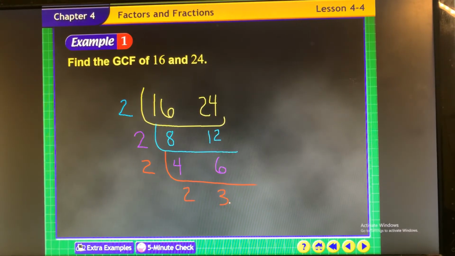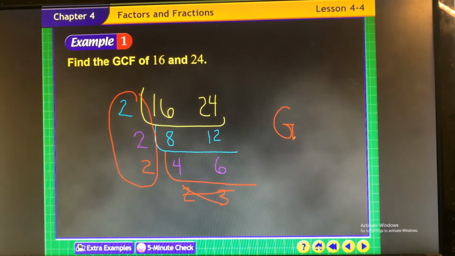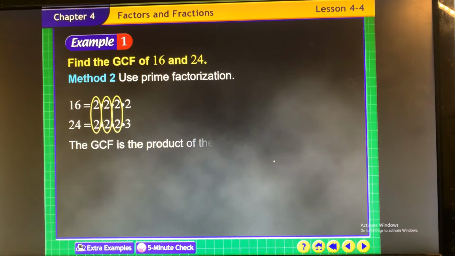Does anything go into 2 and 3? Nope. Okay, cross those out. You're done. What's 2 times 2 times 2? 8. So you don't need to know the biggest number that goes into them. This is called a triple layer cake. It's not that hard.